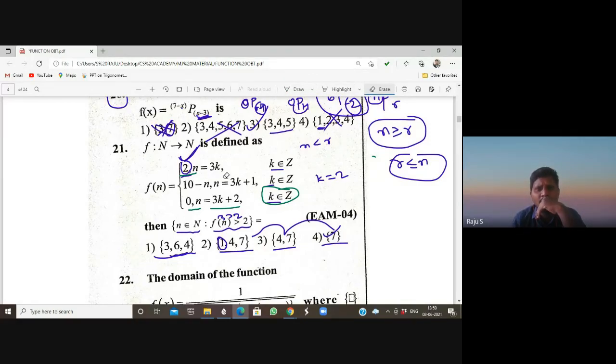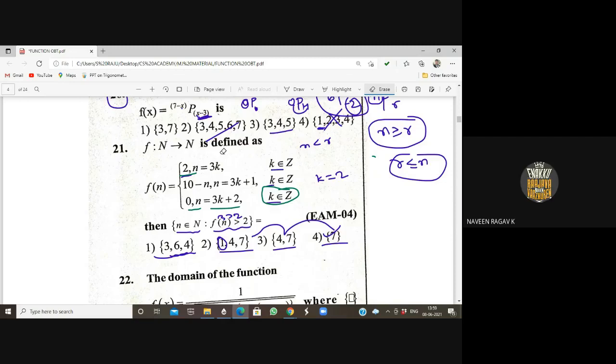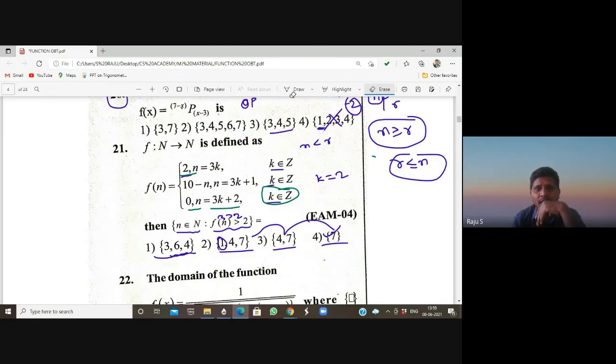Does n equal to 1 belong to the third option? If it belongs to the third option, then the f of n value we get is 0, and they already gave 0. This is absolutely wrong, because 0 is lesser than 2, but here the function must be greater than 2.